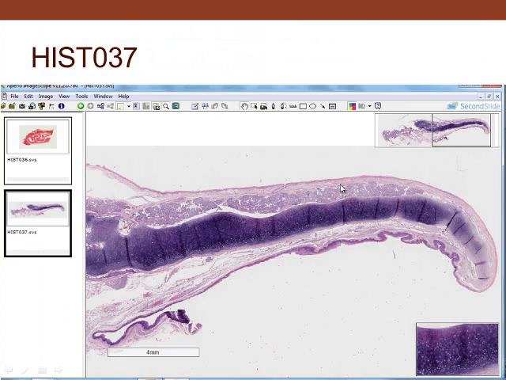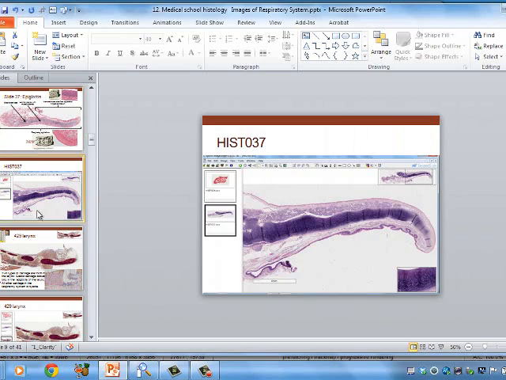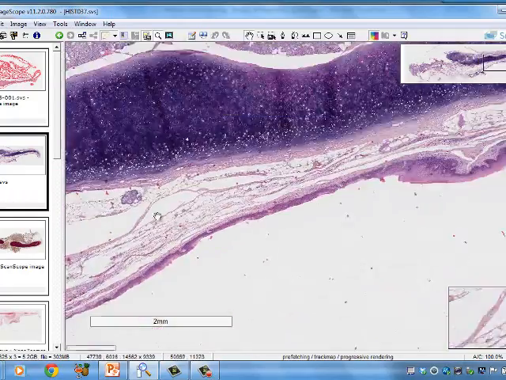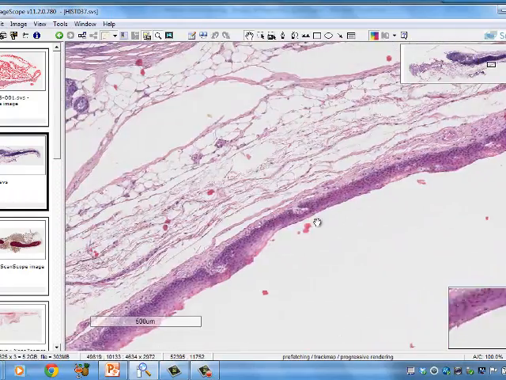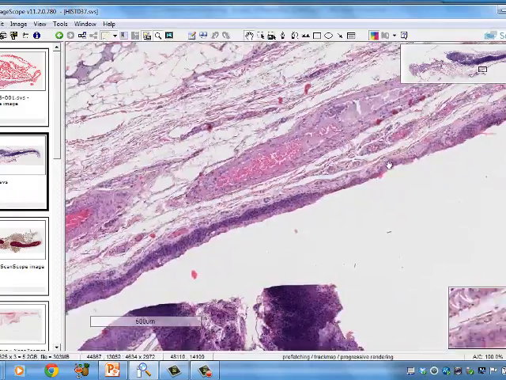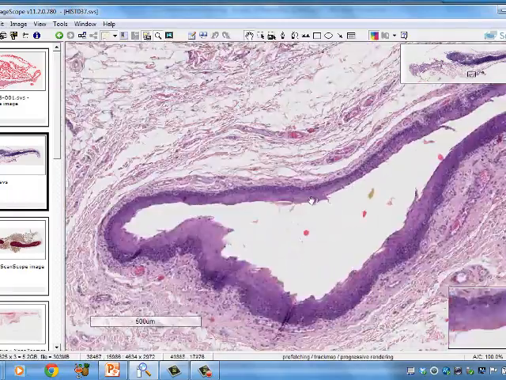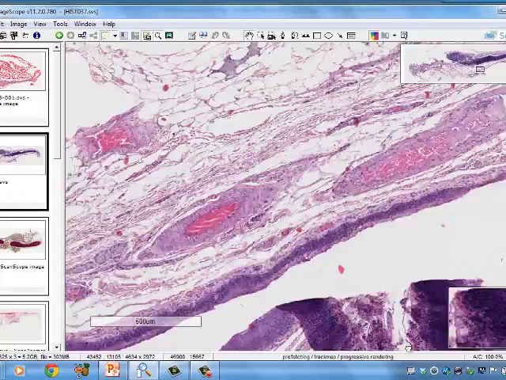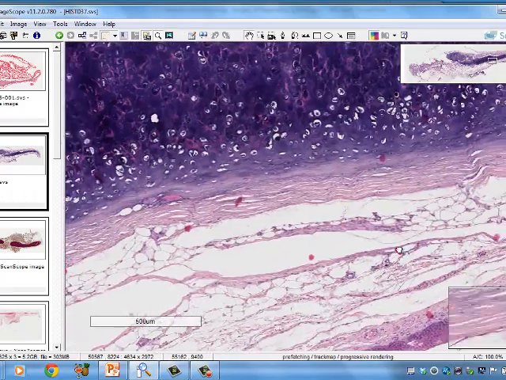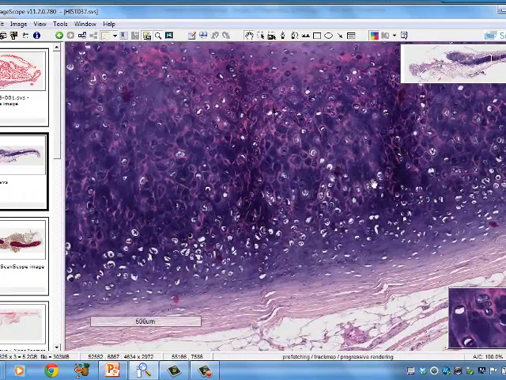And so if we take a look at that, we can see on one side stratified squamous epithelium in through here, still stratified squamous epithelium on this side, and we see there's elastic cartilage as well.